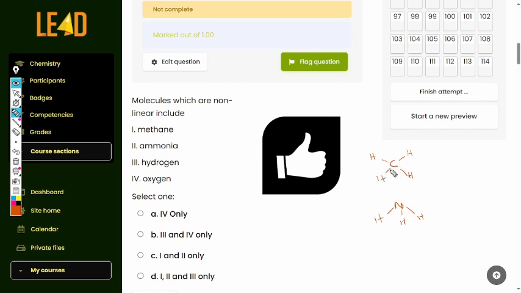It doesn't look like methane, because here you have 4 bonds, here you have 3 bonds. Then hydrogen is linear like this: between 2 hydrogen atoms, you have a hydrogen molecule, so it's linear. Then oxygen is also linear, although you have a double bond there. So the ones that are non-linear are this and this. Hydrogen and oxygen are linear, straight lines, while ammonia and methane are non-linear. So the answer is 1 and 2.